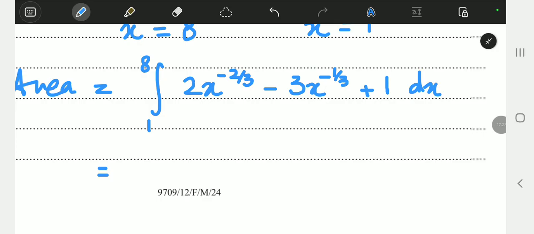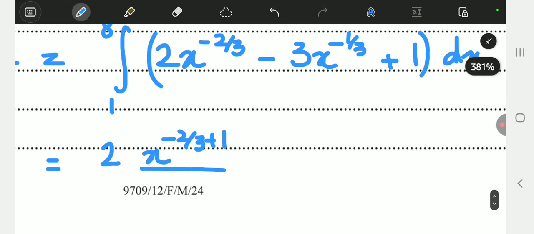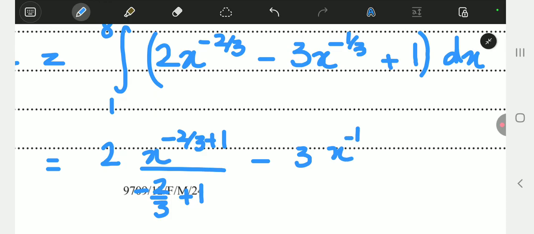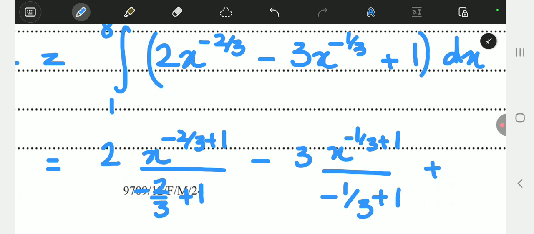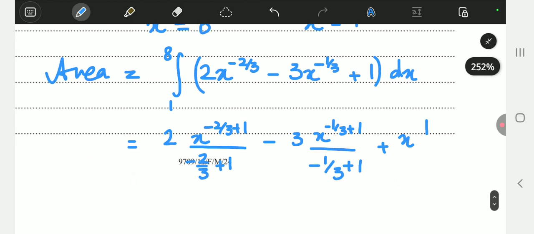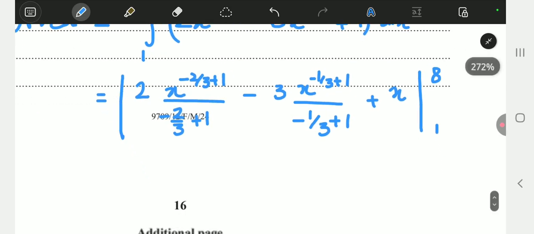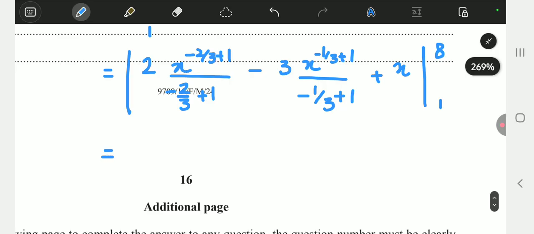So let's integrate it. 2x to the power (-2/3 + 1) over (-2/3 + 1), minus 3x to the power (-1/3 + 1) over (-1/3 + 1), plus x, with limits 1 to 8. Now simplify all this.